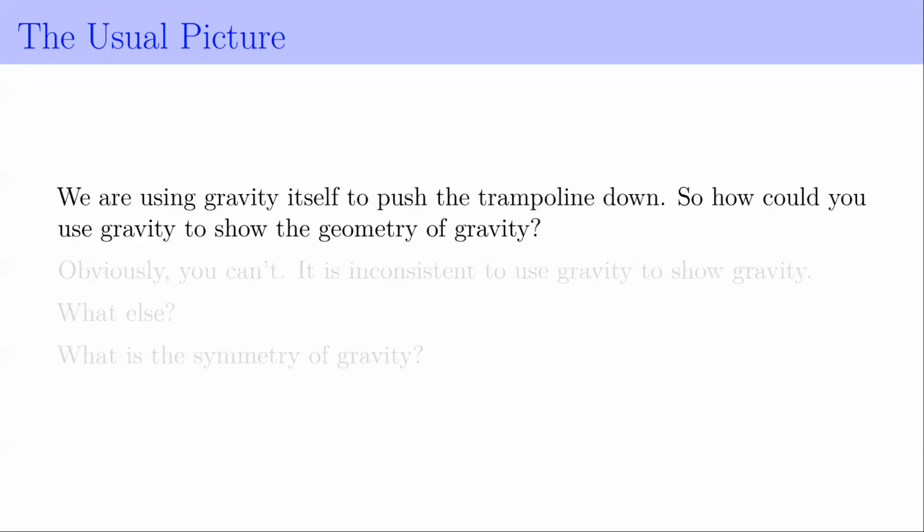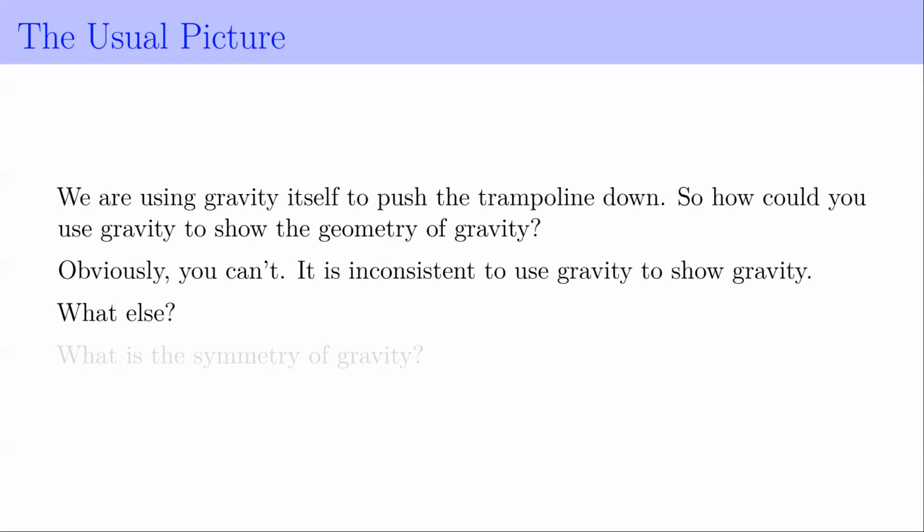So how could you use gravity to show the geometry of gravity? Now, although it's inconsistent, there's also another problem, and that is the symmetry of gravity. Gravity is spherically symmetrical.